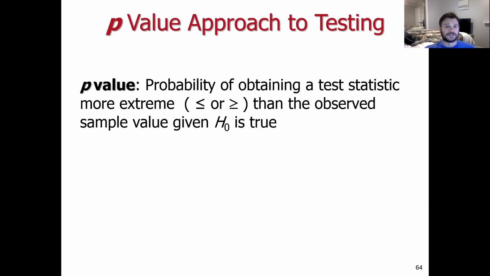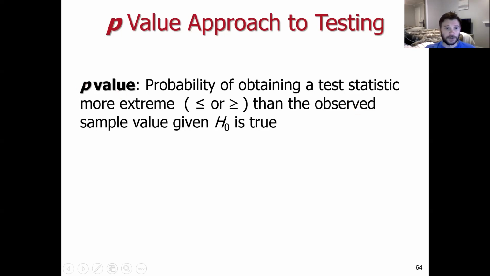hypothesis. So the p-value, the way we're going to think about this here, is the probability of obtaining a test statistic that is more extreme than the one we've observed from our sample. Okay, so when we calculate our sample and we convert that into either a z or a t statistic, the p-value is the probability of observing something more extreme than your z or t statistic here.